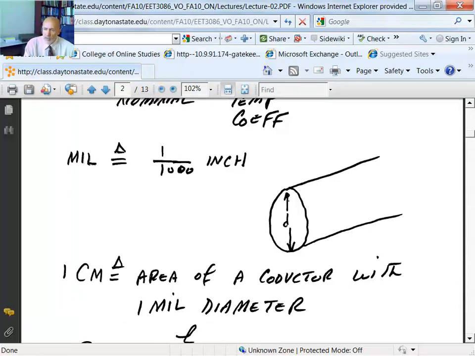So if you take a piece of conductor like here, and that conductor has 1 mil, a thousandth of an inch, diameter here, D, then by definition they call this 1 circular mil. So the circular mil is the cross-sectional area of a conductor with 1 mil of diameter.